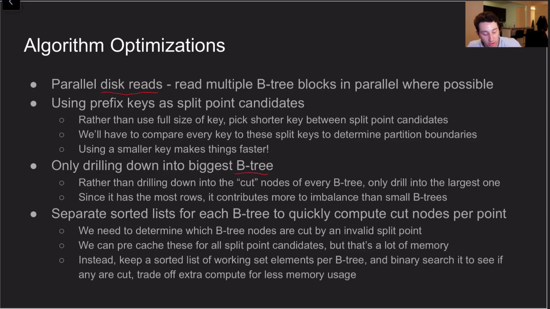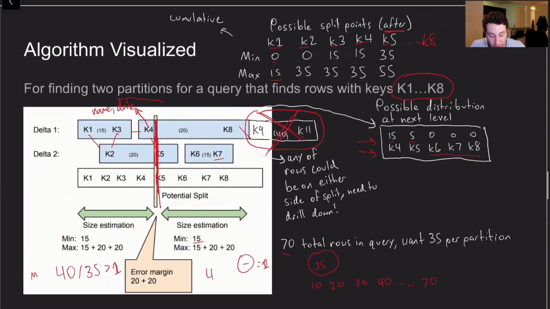So instead, what you prefer to do is basically keep a sorted list of all of the currently considered B tree nodes on a per B tree basis, and then for a particular split point, you can actually binary search those sorted lists for every B tree, and then really quickly figure out which one of the B tree nodes you're cutting with this split point.